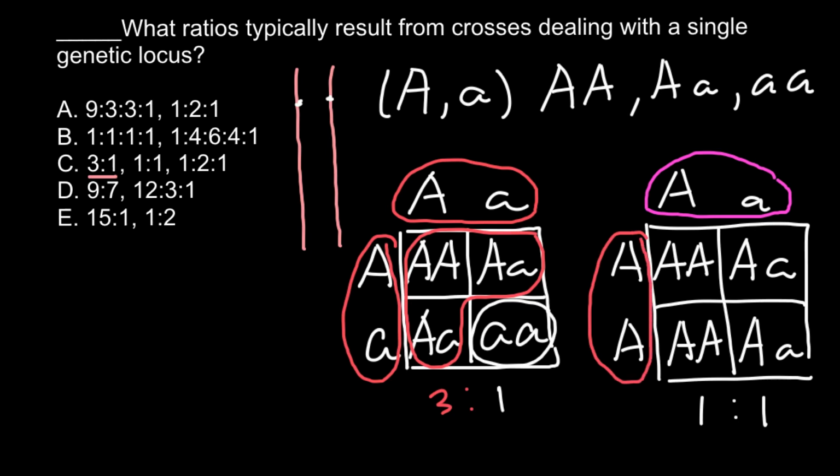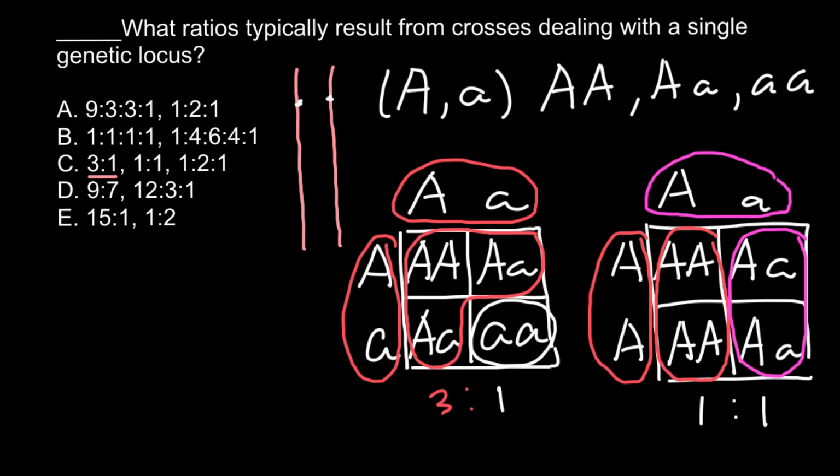Then in the F1 generation, we can expect that 50% of the progeny would have the same phenotype as this parent, and another 50% would have the same phenotype as the other parent. So this is an example of a genotypic ratio and also a phenotypic ratio.